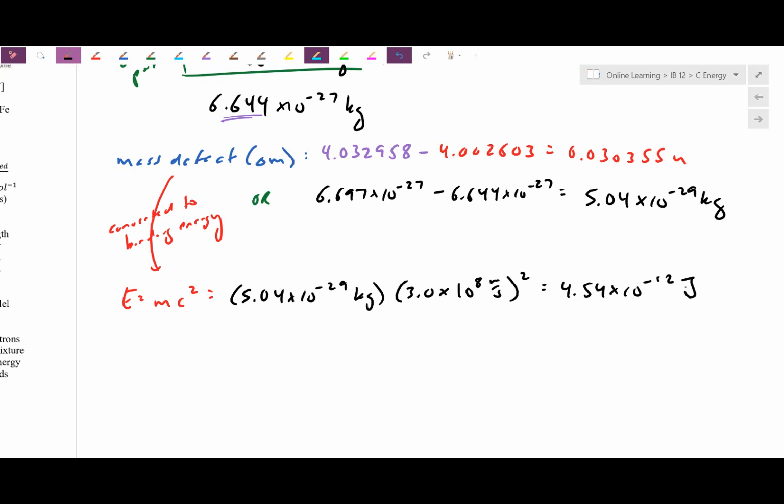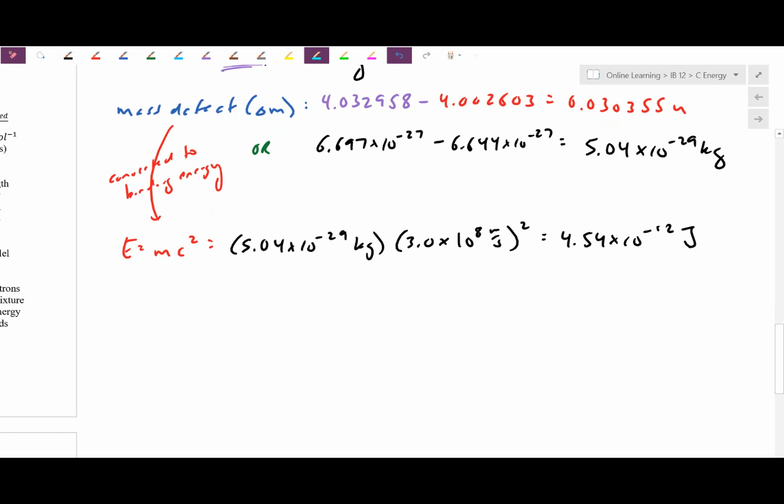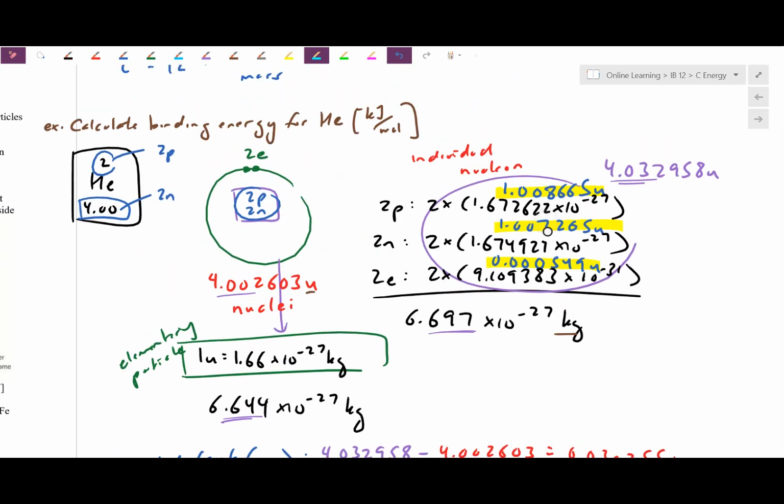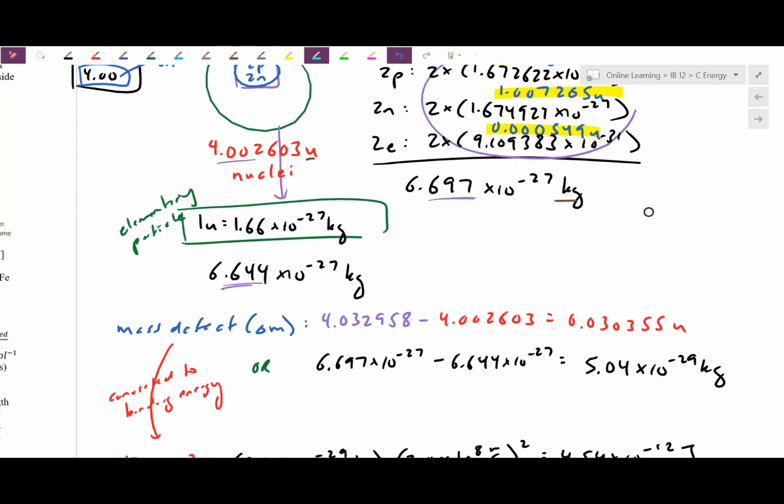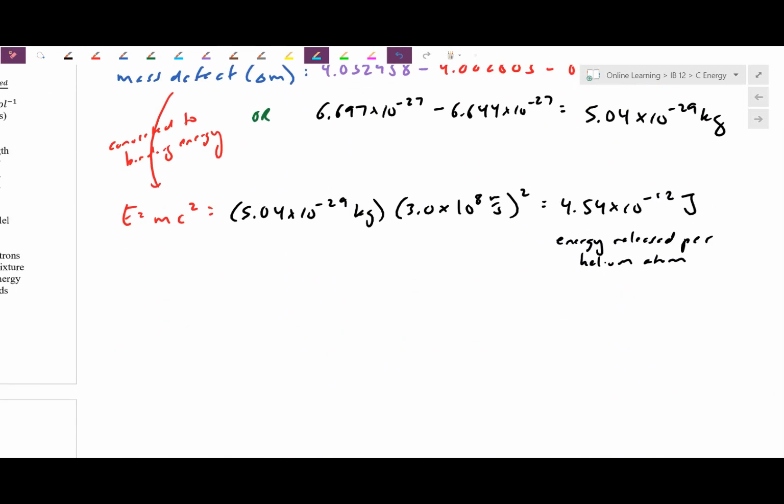In this case, this is the joules for a single helium atom, the energy released per helium atom. Eventually, I wanted the units in kilojoules per mole, so I'm going to have to divide by 1,000. That's easy to get to kilojoules, but I want the energy for an Avogadro number of these.